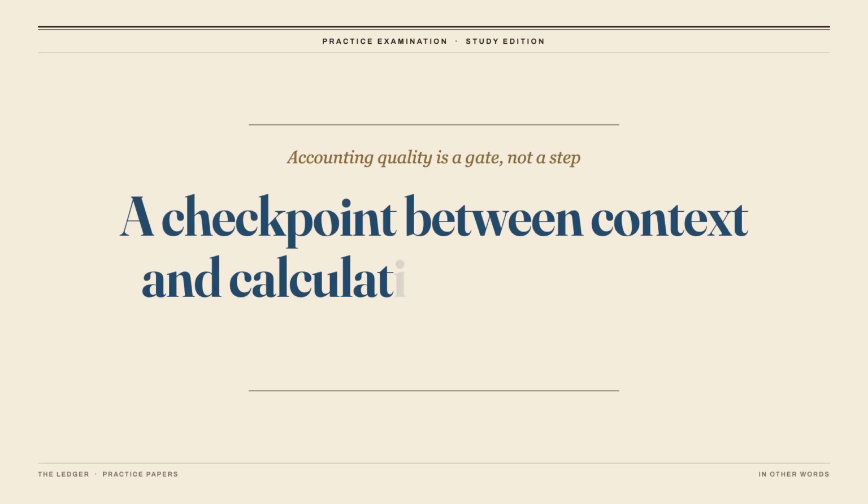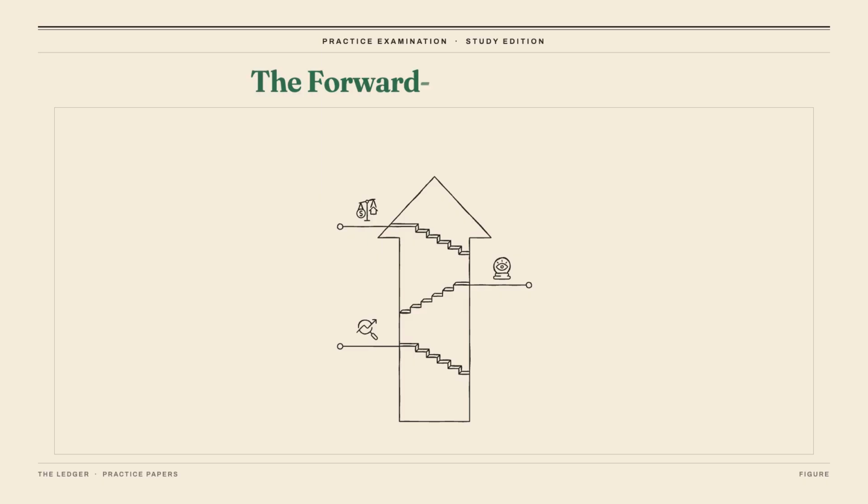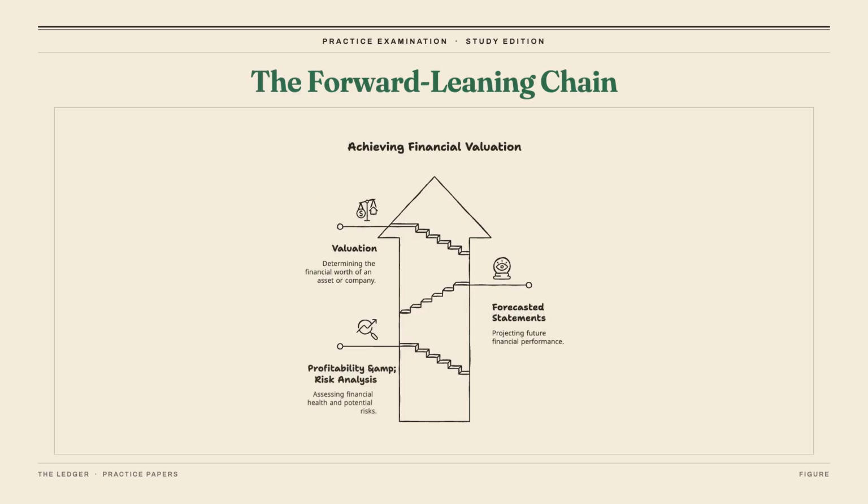Accounting quality lands third because it's the gate between context and calculation. Once you know the industry and strategy, you must ask whether the numbers can be trusted before you ever put them to work. Running profitability analysis on unvetted figures is building on sand. Steps 4, 5, and 6 form a forward-leaning chain. Profitability and risk analysis diagnoses current performance.